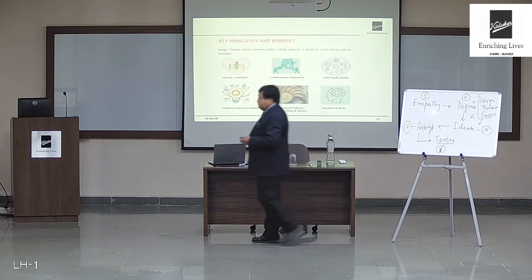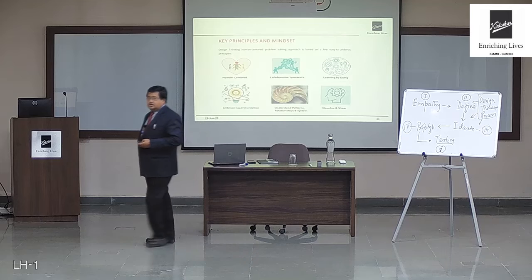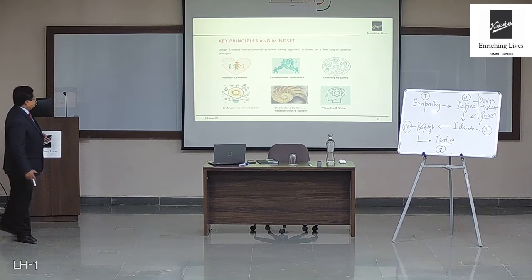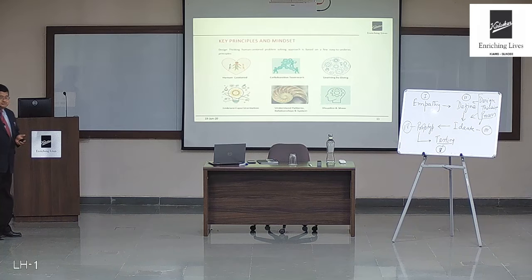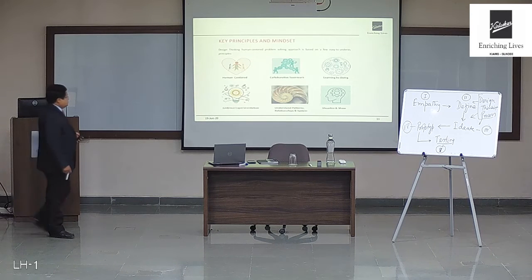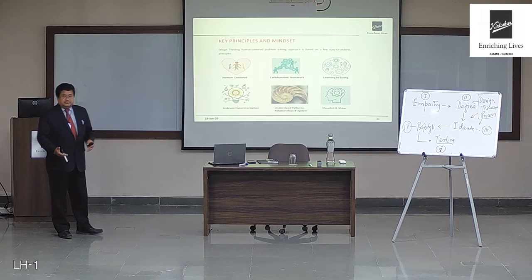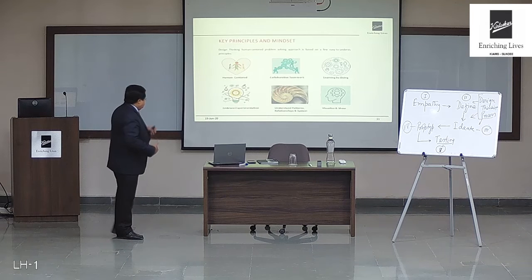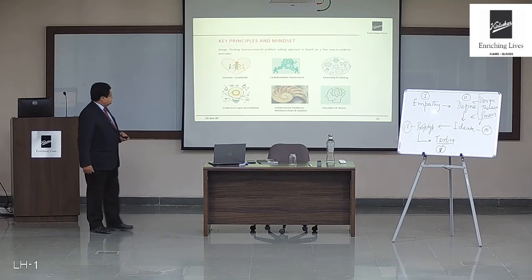So these are very important key principles. So what are those key principles for getting into the design thinking process? You should have a human centric approach. You need to have a collaborative teamwork approach. You need to do something and learn something. Learning by doing. Embrace experimentations.